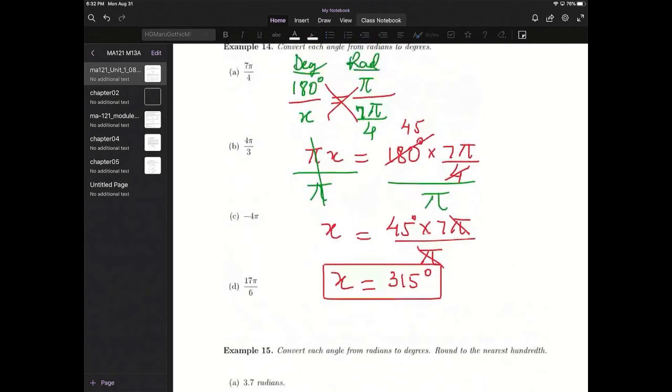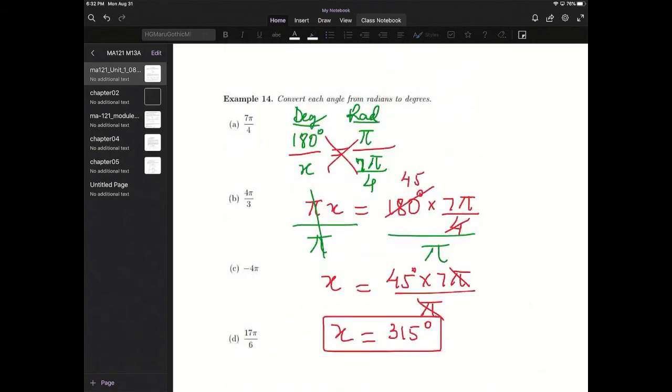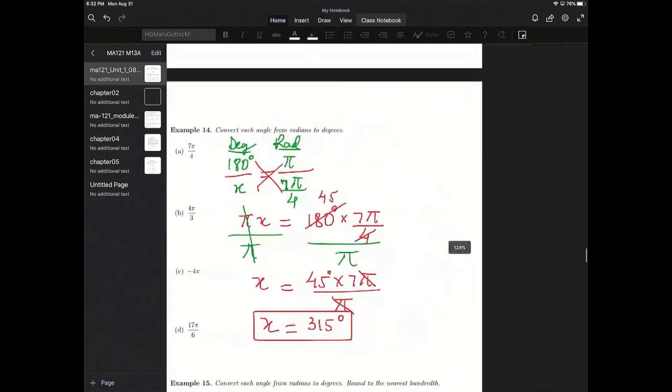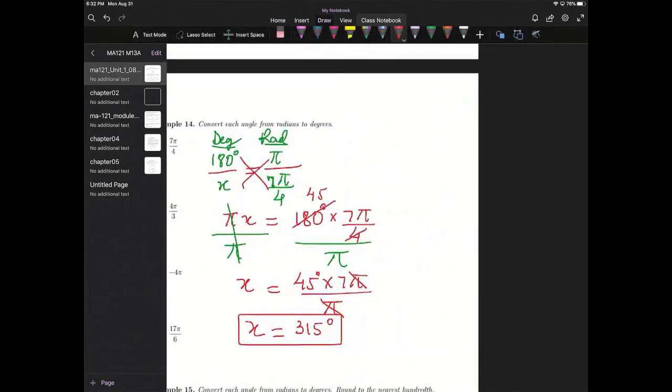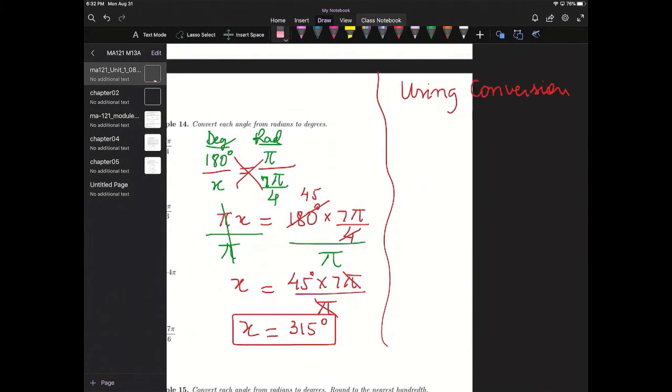Also, let me now use the conversion factors. Okay, so that is slightly modified. It's the same thing as if I do the setting up of proportions, but I want to use the conversion factors. So one of the conversion factors is 180 degrees is equivalent to pi radians, right?